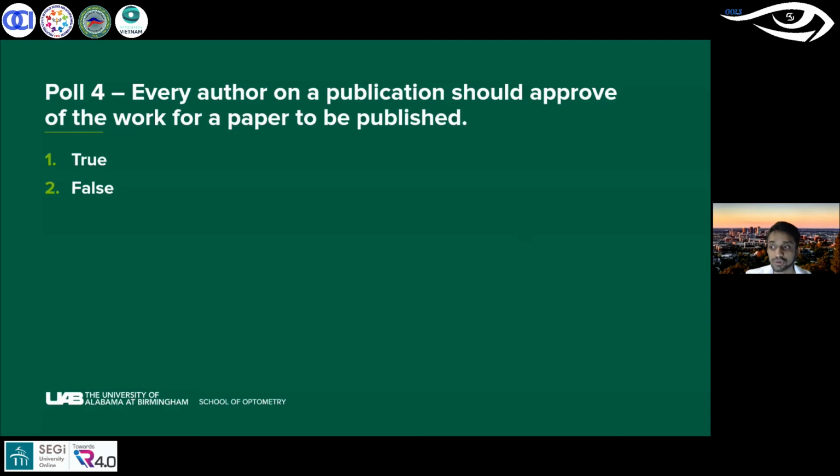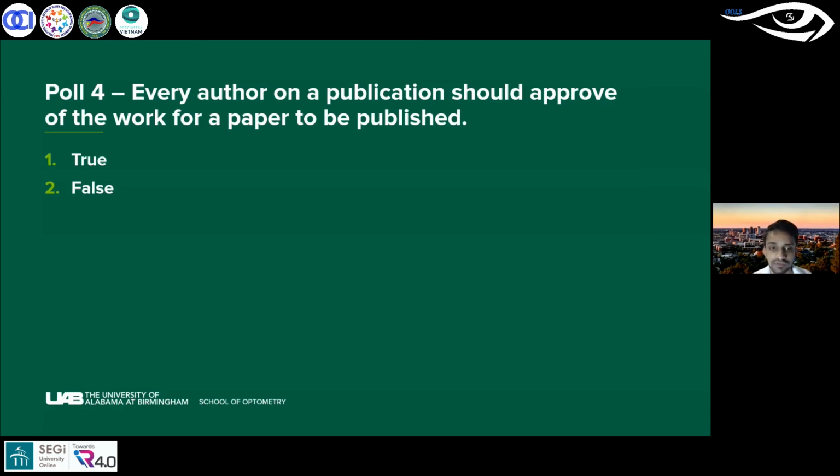Every author, at least in the field of optometry, every author on the publication should approve of anything that has been said or done in the paper, and they are held responsible or liable for that scientific information.